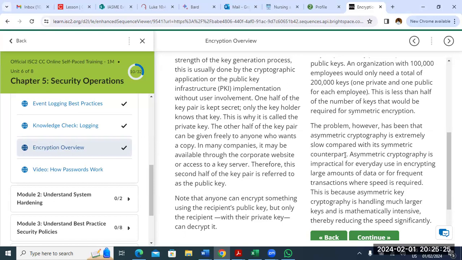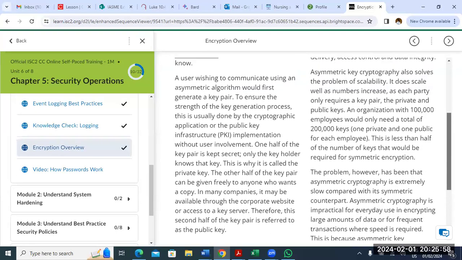Where you require speed, using this kind of cryptography might be a problem. It will be very slow, but it's accurate. It's better security-wise. This is because asymmetric key cryptography handles much larger keys and is mathematically intensive, thereby reducing the speed significantly. So the symmetric one is faster, but here it's very slow, though it's doing greater work.